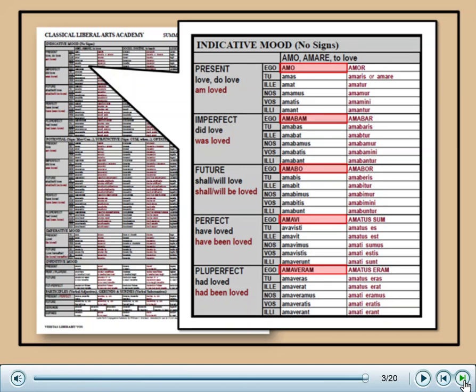We're going to learn the first person singular form for the present tense, the imperfect tense, the future tense, the perfect tense, and the pluperfect tense of the indicative mood, in the first conjugation. Let's go ahead and get started.